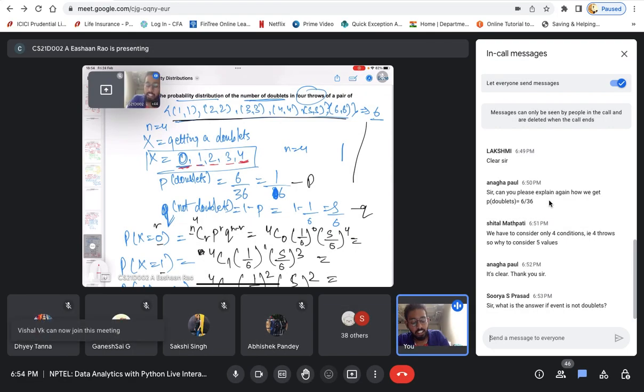I can directly answer: if the event is not a doublet, you subtract from 1, so the probability is 1 minus 1 by 6, that is 5 by 6. If you expand it, that means 25 outcomes out of the 36 sample space are not a doublet. Are you getting it, Surya, in this aspect?